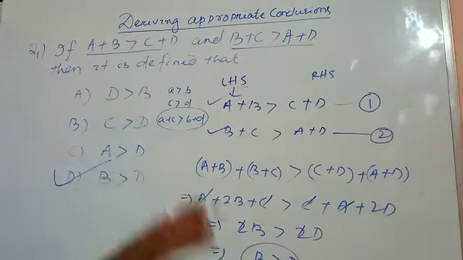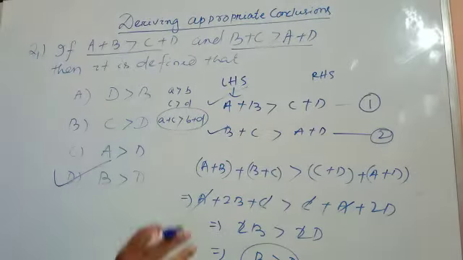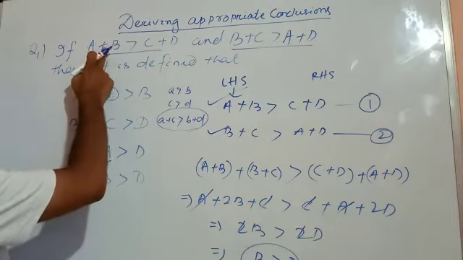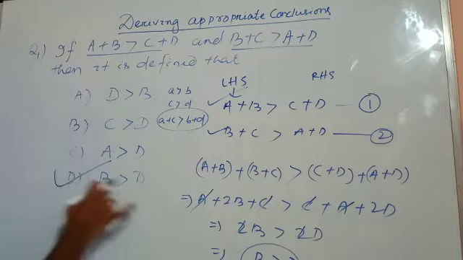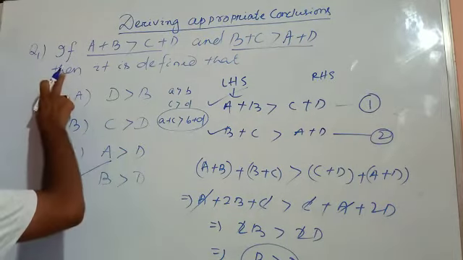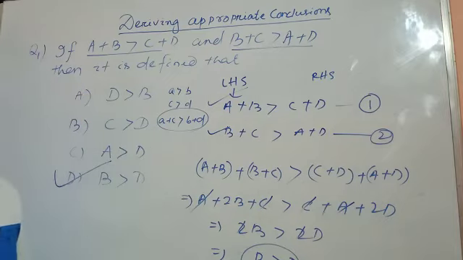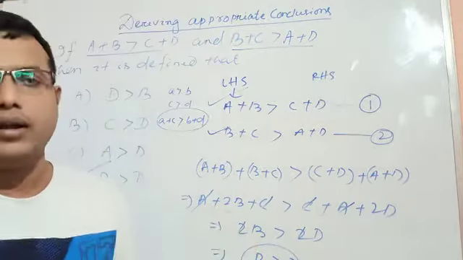Okay. So if the statement conclusion pattern is not mentioned, you definitely take this one as your statement 1 and this as your statement number 2. And all conclusions are written under the options. This is your conclusion because it is given that, then it is defined that, means then it is definitely true that.